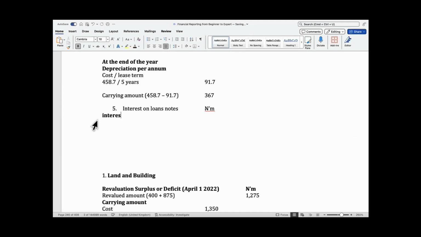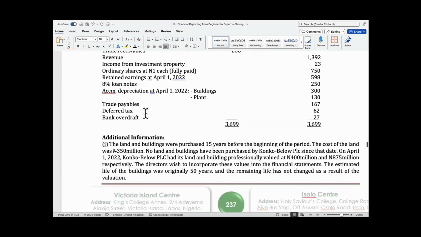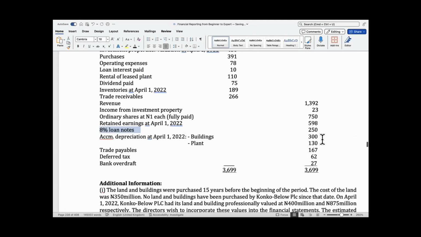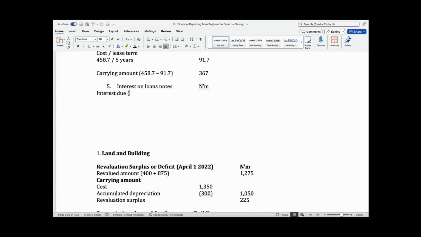So the interest due on loan notes: what's the nominal interest rate? It's 8%. You find it, they always write it beside it. And what's the principal value? It's 250. Okay, so we do 8% times 250 times 9/12. So what would that give us?